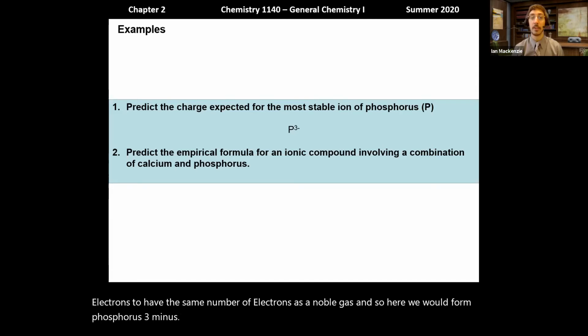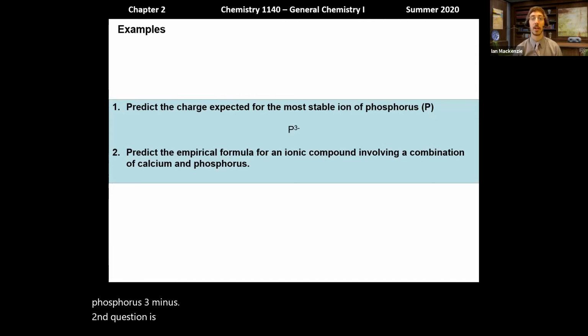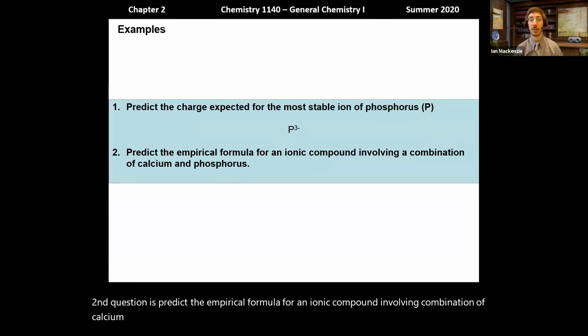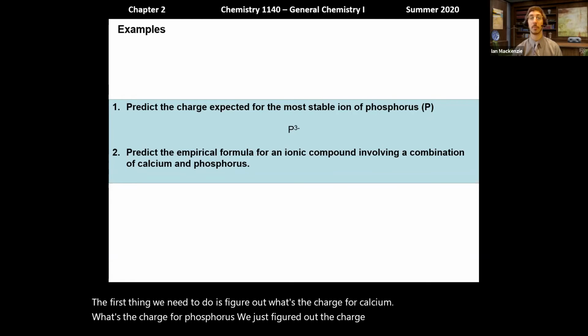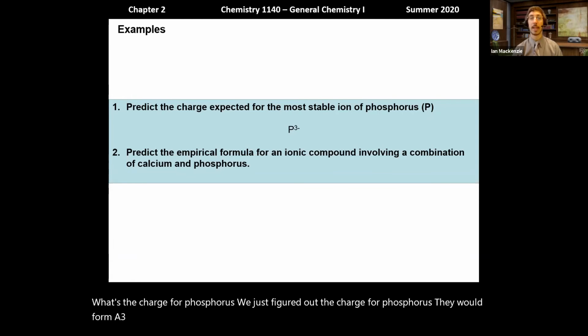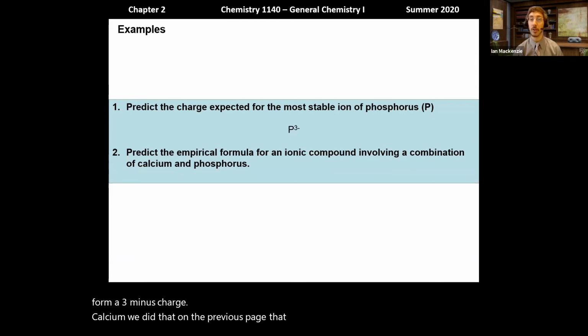Second question is predict the empirical formula for an ionic compound involving combination of calcium and phosphorus. Well, the first thing we need to do is figure out what's the charge for calcium, what's the charge for phosphorus. Well, we just figured out the charge for phosphorus. It would form a 3- charge. Calcium, we did that on the previous page, that had a +2 charge.